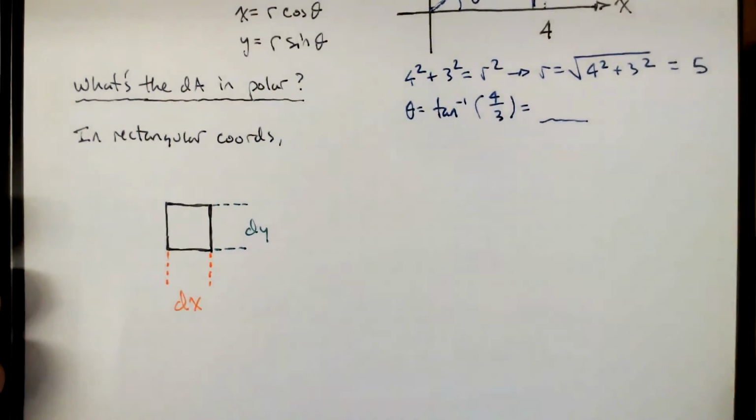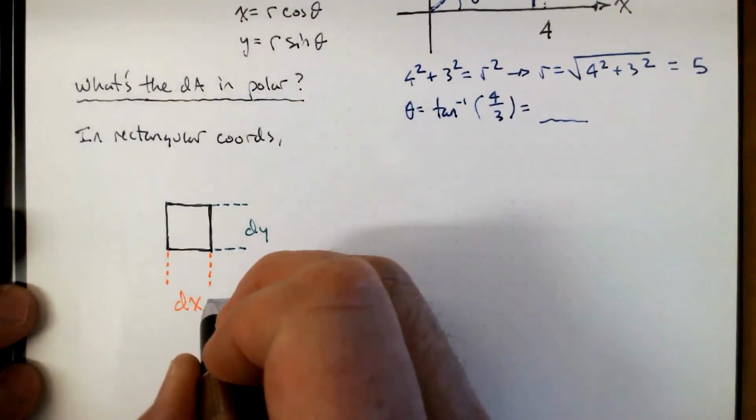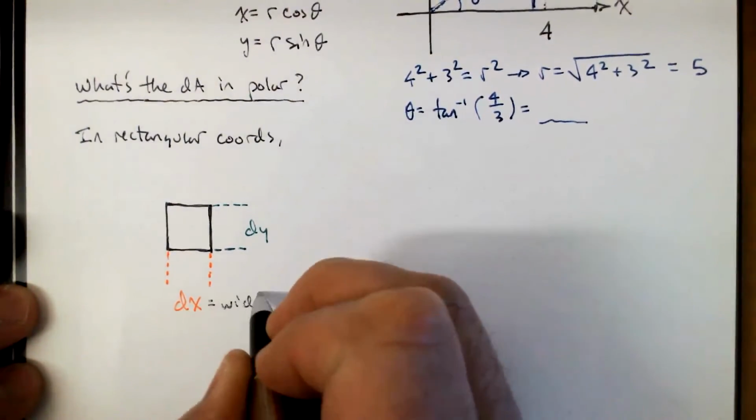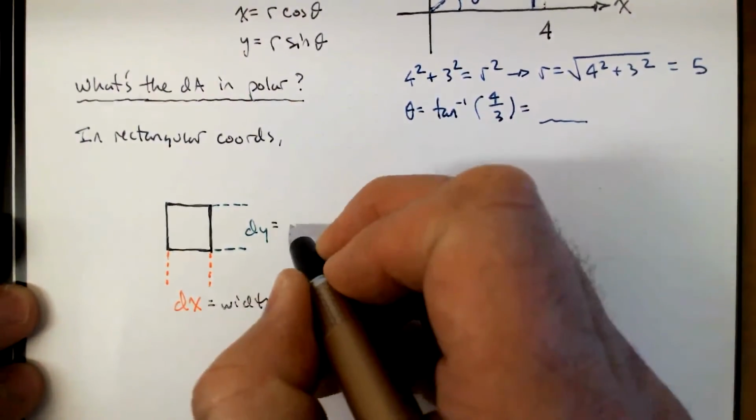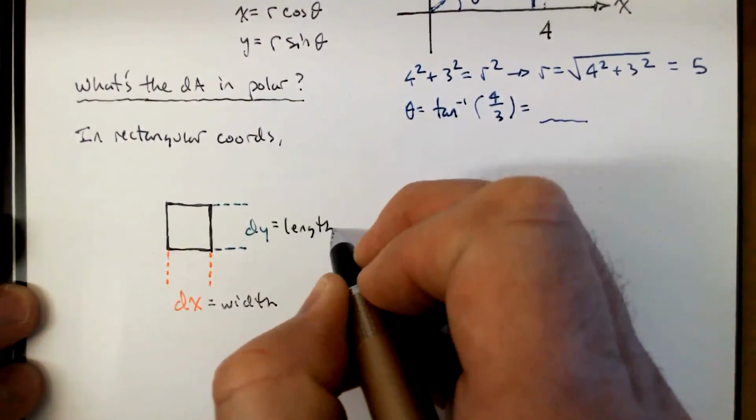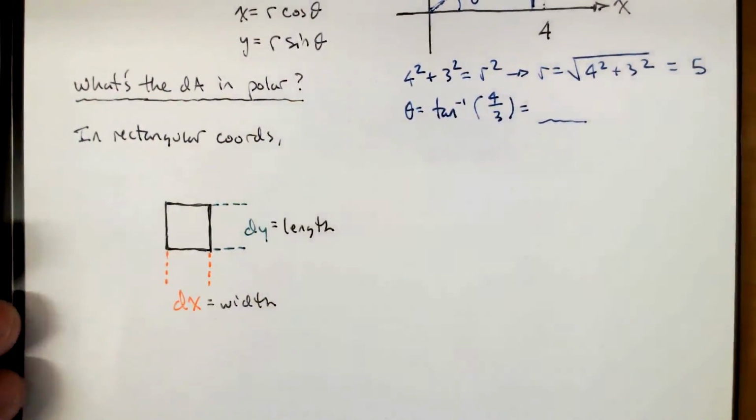So we're thinking of the dx as, say, a width, and the dy is a length, and so dA is an area.